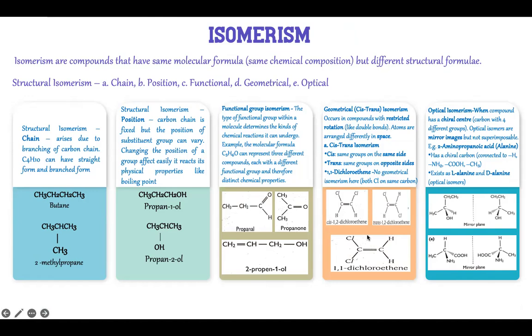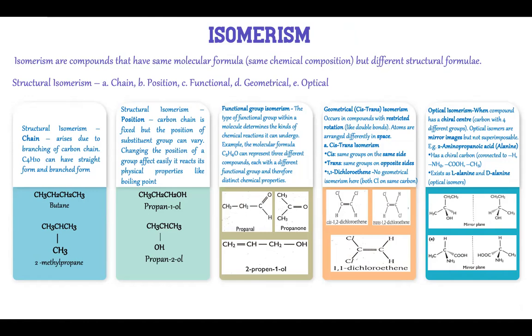And the fifth, we have optical isomerism. Optical isomerism refers to when a compound has a chiral center, a carbon with 4 different groups. Optical isomers are mirror images, but not superimposable.